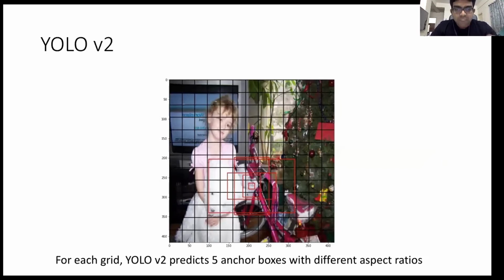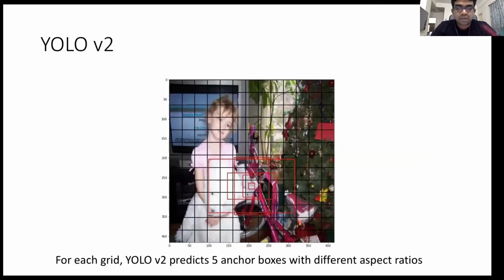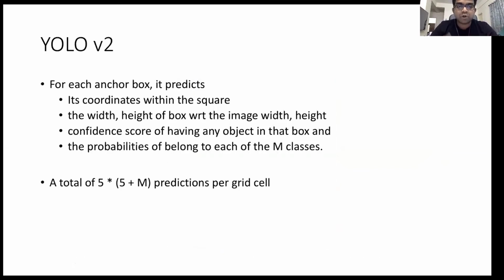And for each of those anchor boxes, YOLO predicts the coordinates within the square, the width and height of the box with respect to the image width, and the confidence score of having any object in that box. So unlike SSD or Faster R-CNN, here YOLO predicts a confidence score irrespective of the class. It just predicts if there is an object in this anchor box or not. Along with that, it also predicts probabilities of belonging to each of the M classes.